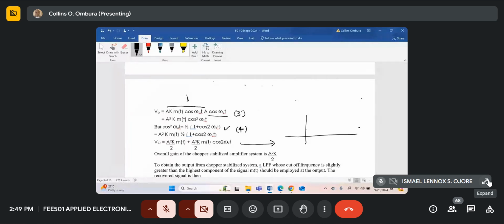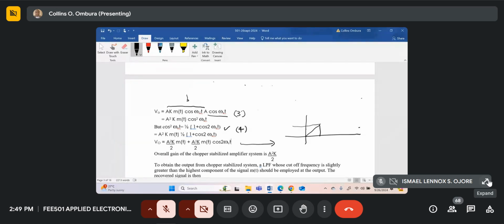Thank you. So if you get the Fourier transform of V naught, we'll get the first term over here, which is A squared K M(t) over 2. This will be our original spectrum starting from 0, but the amplitude now will be A squared K divided by 2.